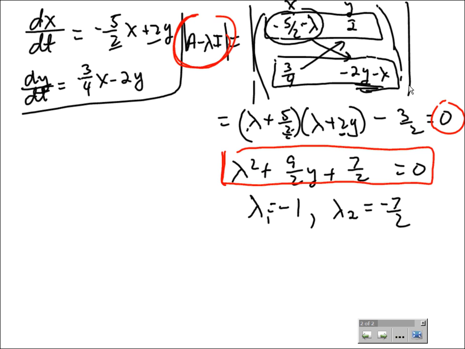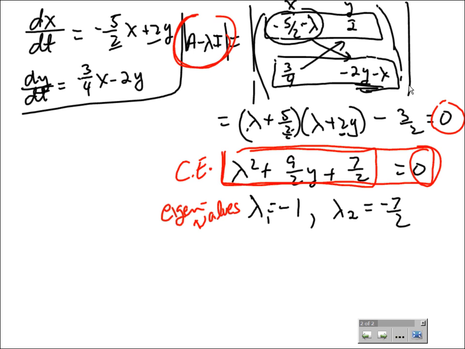And these here are the eigenvalues. So what we want to do at this point is find the eigenvectors. Lambda 1 is -1, and lambda 2 is -7/2. We're going to keep these two values and find the vectors associated with them.